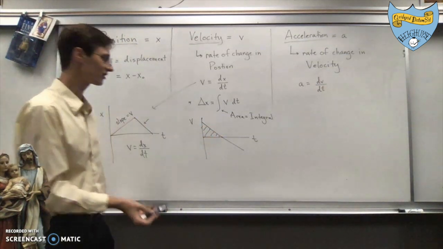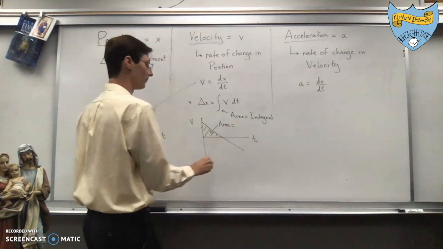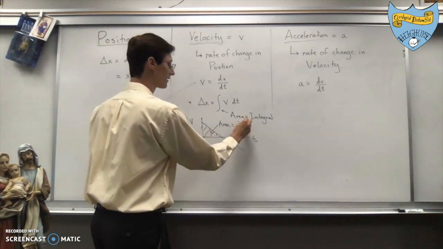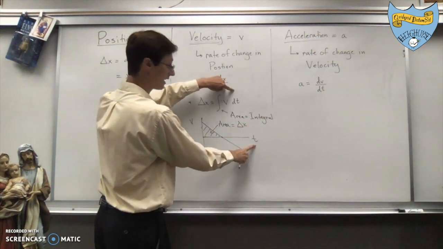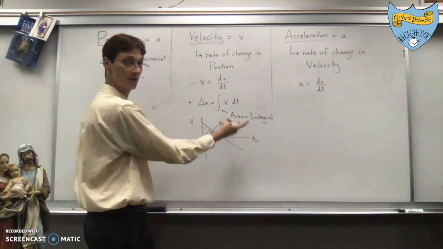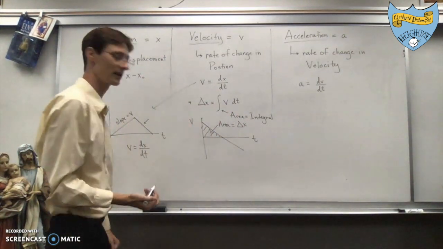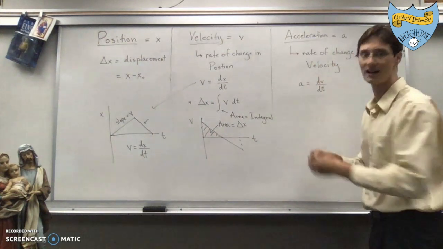That's all you'd actually have to do. The area here would be the displacement because this is a velocity versus time graph, and the integral of velocity with respect to time is displacement.